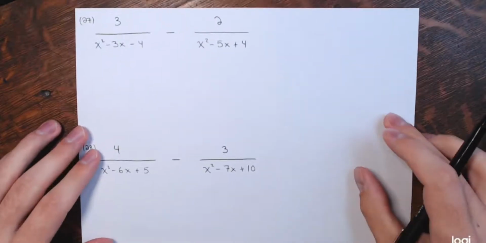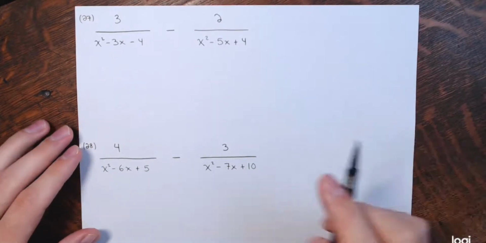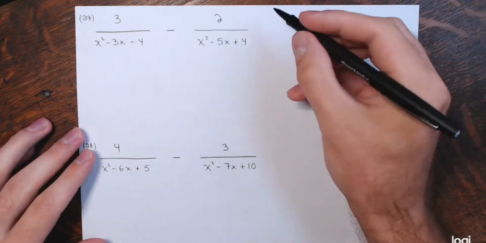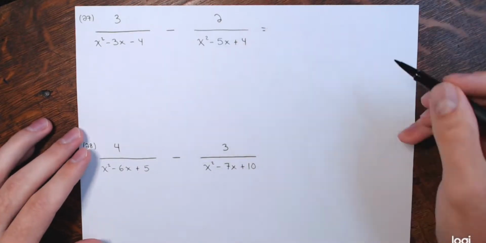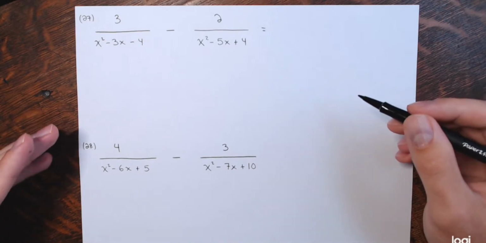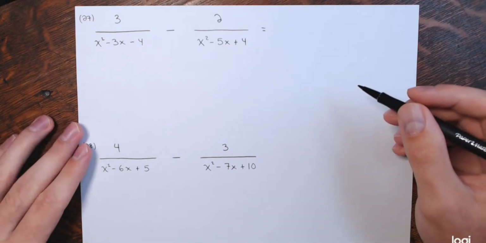All right, the next example, we're doing subtraction. And both denominators are quadratic polynomials. So as I've been doing, right, first thing is I want to find the LCD. So I'm going to have to factor the denominators completely.